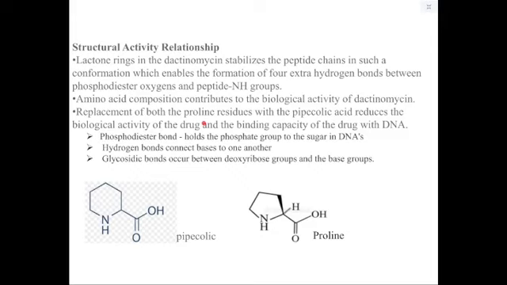If you replace them, like you can see, this is what we call pipecolic acid. Pipecolic acid is where you have that 6-membered ring. Proline is where you have that 5-membered ring. I just give it as an example. So you'd expect that you can exchange this with that, you put this in place of that and have good activity.